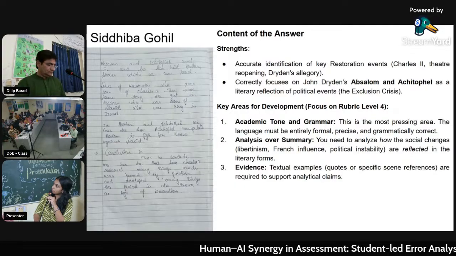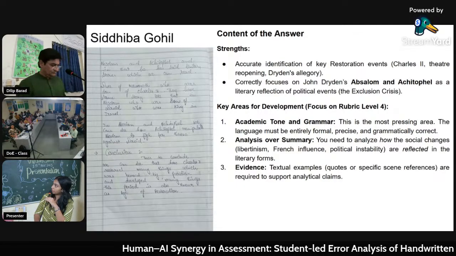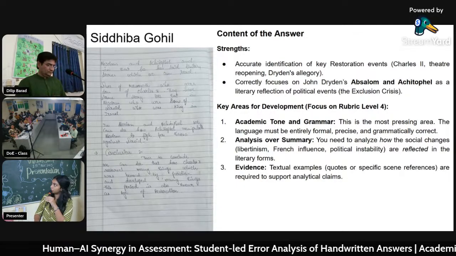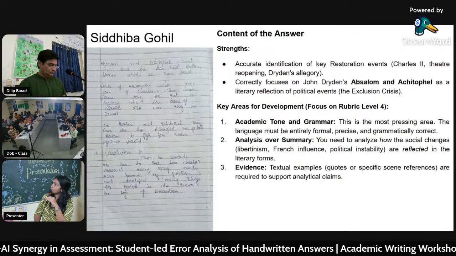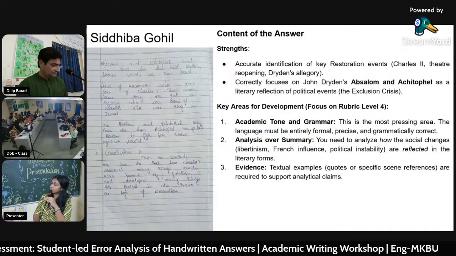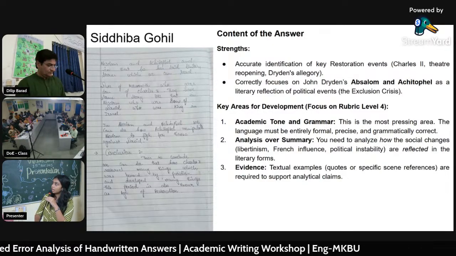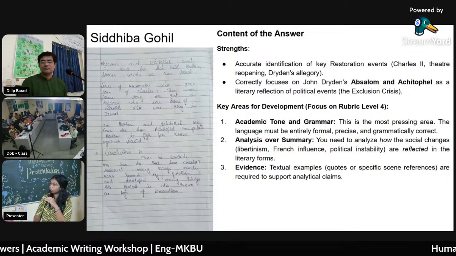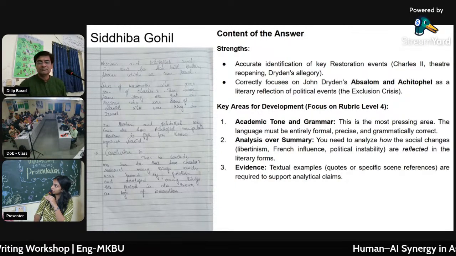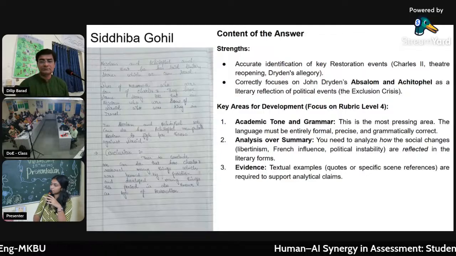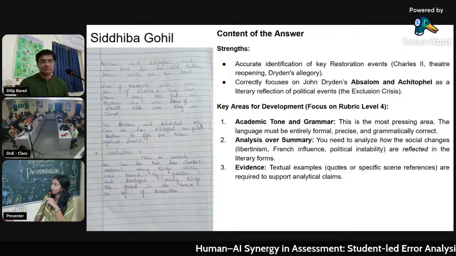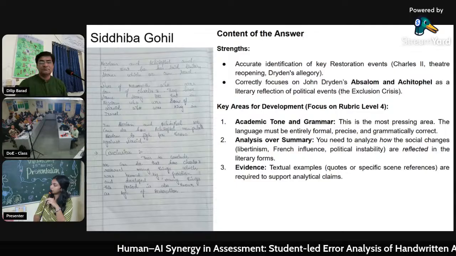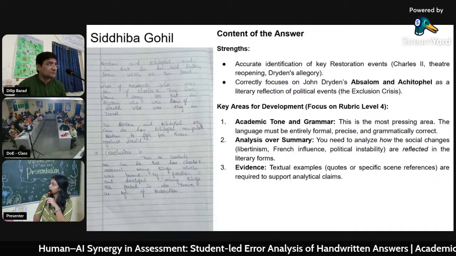Siddhi has accurately defined and identified the Restoration events of Charles II, the theater reopening, and Dryden's allegory. She has correctly focused on John Dryden's Absalom and Achitophel, which is a literary reflection of political events like the Exclusion Crisis. The areas which need development are academic tone and grammar.